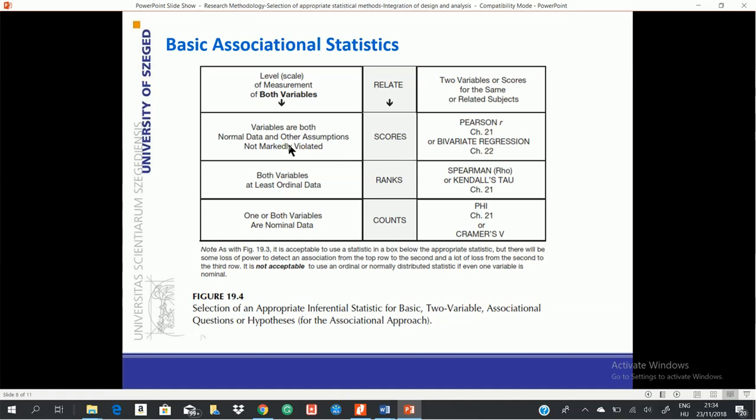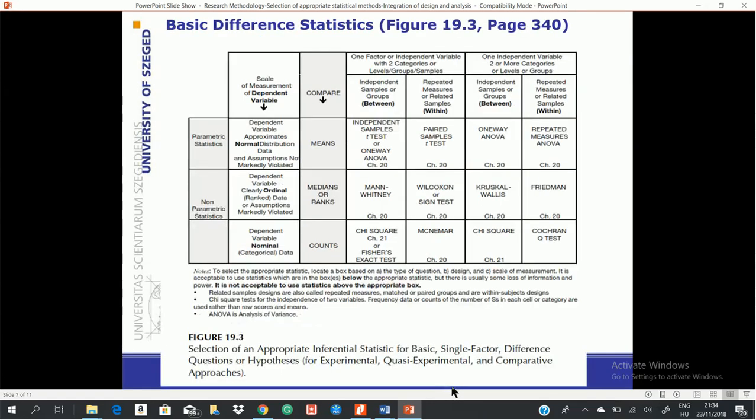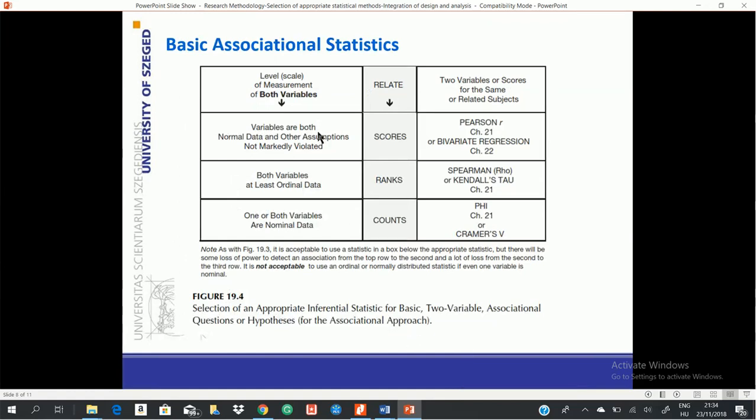Okay, I will repeat for this column. Both variables are normal data, fulfilling the normality assumption, and other assumptions not markedly violated means fulfilling other assumptions like homogeneity, or independent variable. Independent variable means that your items are not related, I mean your variable doesn't have an effect on the other variable.